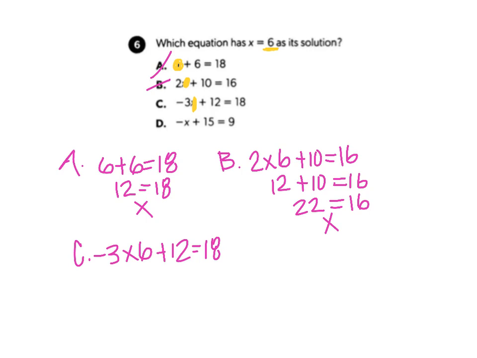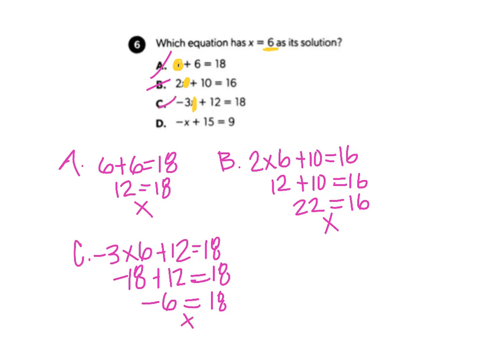Negative 3 times 6 is negative 18. Plus 12 more, is that going to be 18? Negative 18 plus 12 is negative 6. Negative 6 does not equal 18. So that's going to be no.